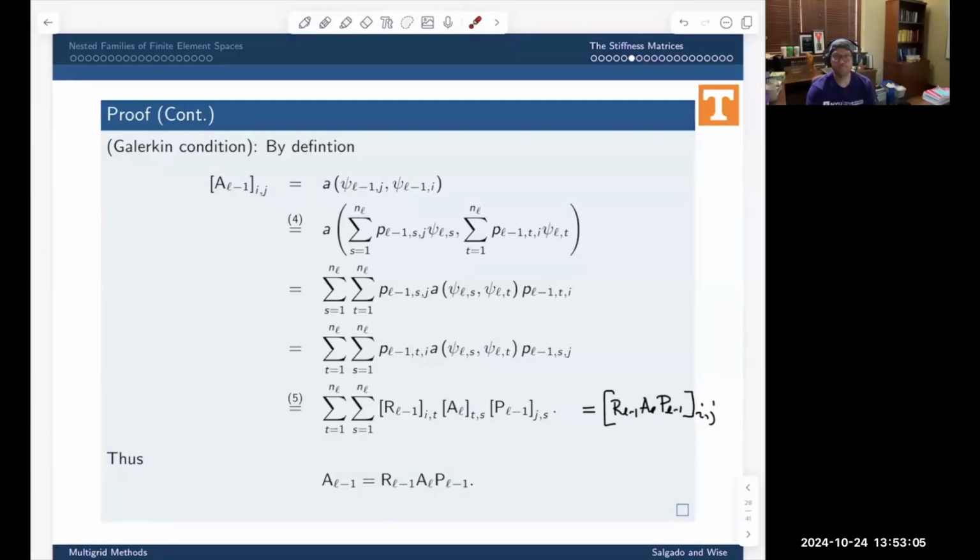So let's see. Is there a typo in the subscript PL minus 1? Shouldn't it be S and J? So this is a question in the chat. So S and J rather than J and S, I guess. Should it not be S and J?